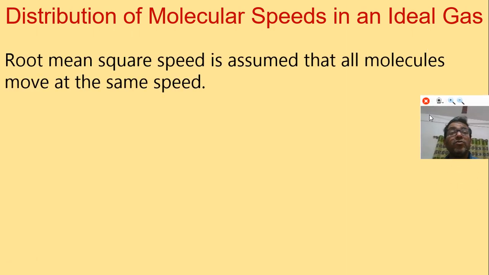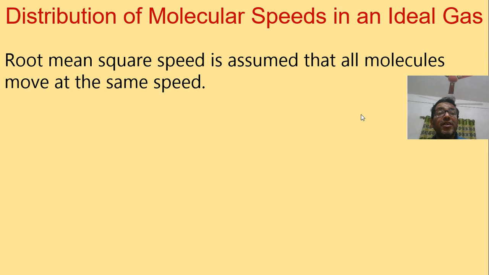So what we will do, that root mean square speed, I told you already, is assumed that all molecules move at the same speed. So what is the difference? Why are we considering the different types of speeds of the gas molecule systems?